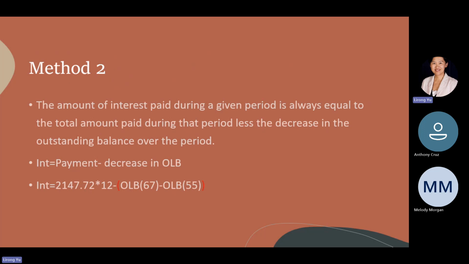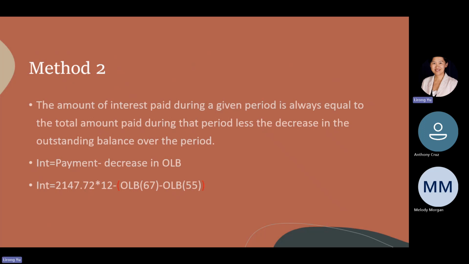So payment minus the principal will be the interest. So how much did we pay in the principal? That depends on how much decrease there is in the outstanding balance, because the difference in the outstanding balance is caused by the reduction by the principal, right? So the deduction in the outstanding balance will be the principal payment.